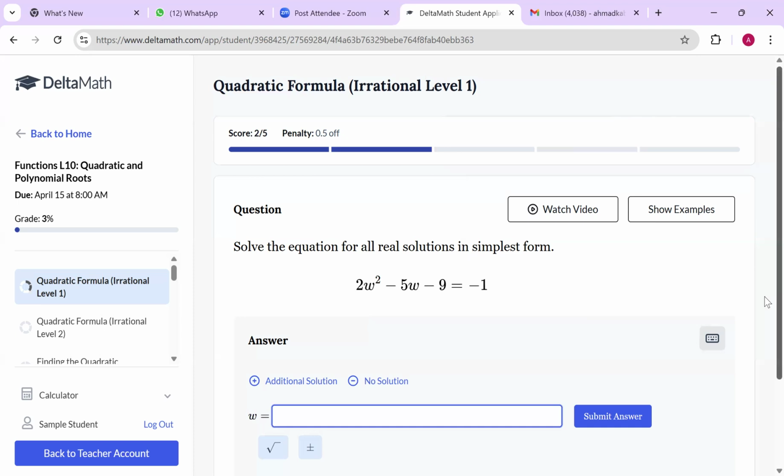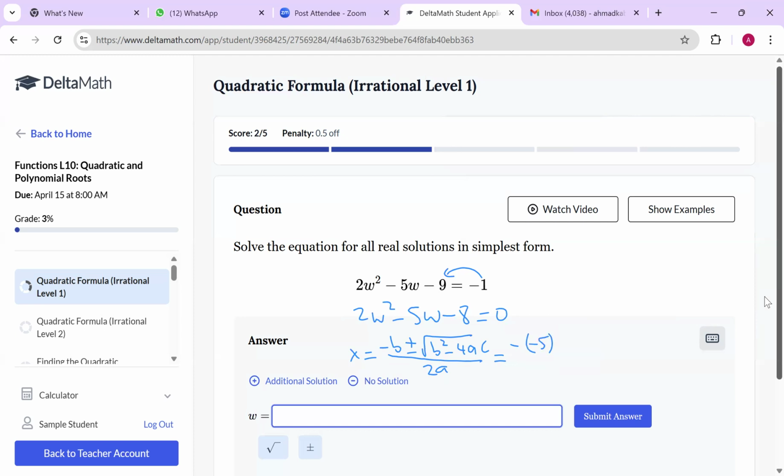Let's try a third example. So we take the -1 to the other side and get 2w squared minus 5w minus 8 equals 0. Quadratic formula is x equals minus b plus minus root b squared minus 4ac all over 2a. So this is minus, b is -5, right?